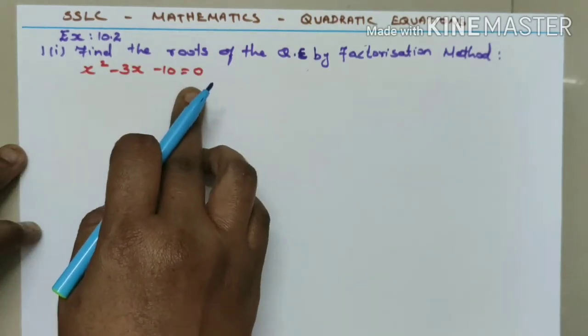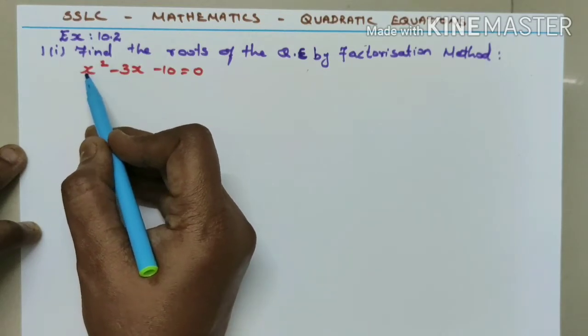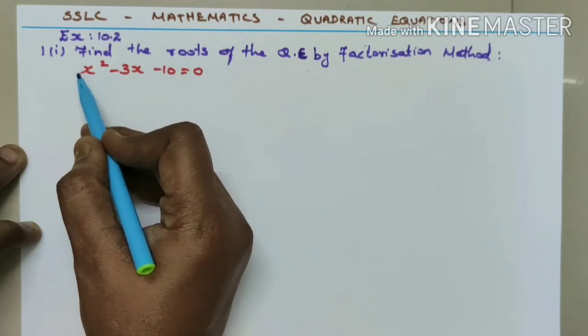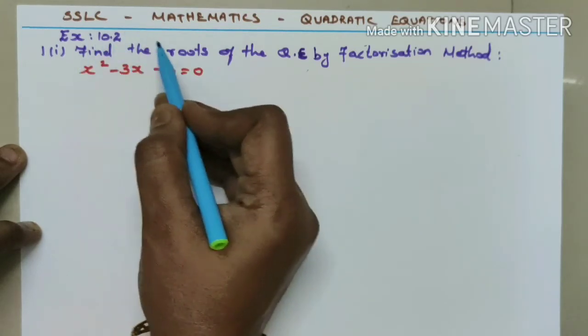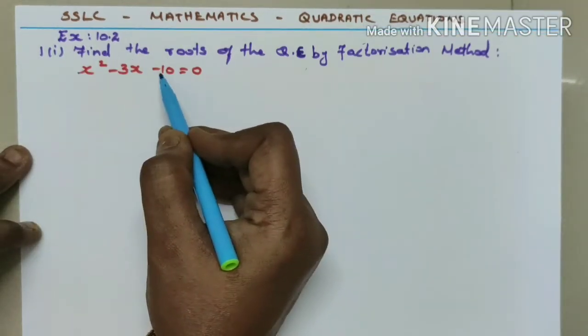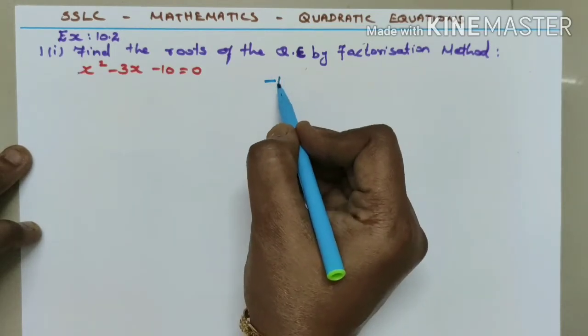For this given question it is in order. So first, what is the coefficient of x square? The x square coefficient is nothing here, which means it is 1. So 1 into this x square coefficient and the constant, you should multiply along with the sign. So plus into minus, minus 1 into 10, it is nothing but minus 10.